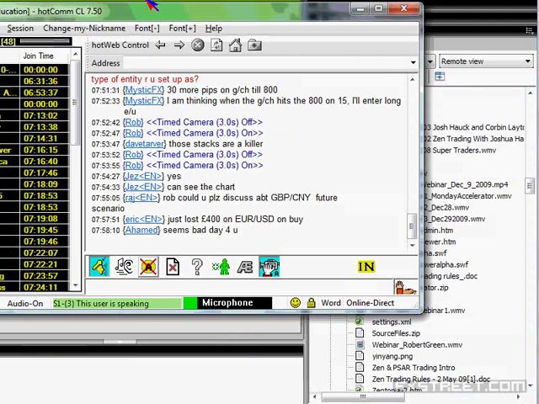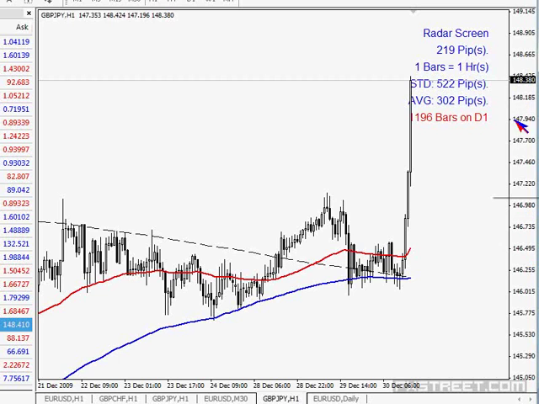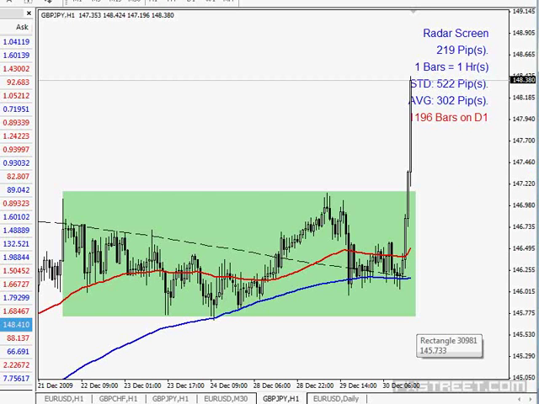So maybe on the daily chart, we're looking at a situation where this currency pair could be headed upward. I want to mention just a couple of things as we talk about this. The pound yen just broke out from what I call a surprise box.